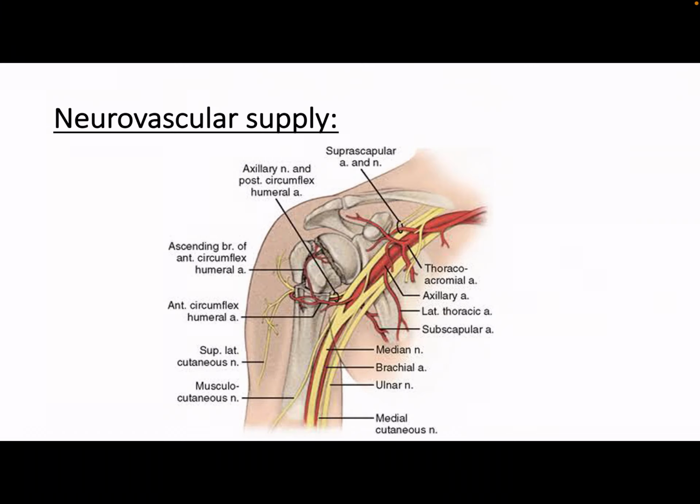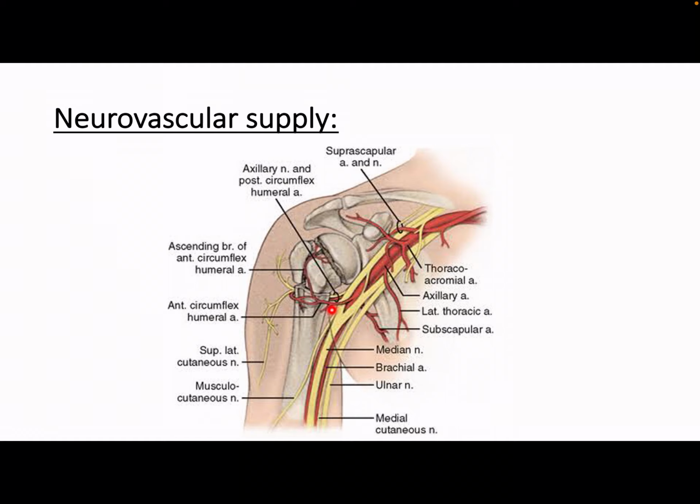What are the nerves and vessels supplying this area? This is the axillary artery giving different branches. The axillary artery gives the anterior circumflex artery, and there is also the posterior circumflex artery from behind.